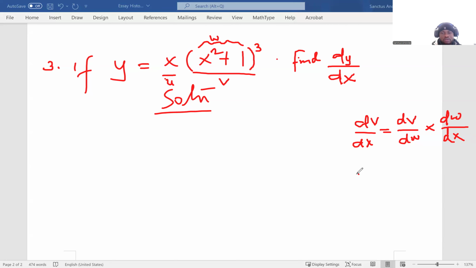So we will now have dy dx as, we apply product rule, u dv dx plus v du dx.